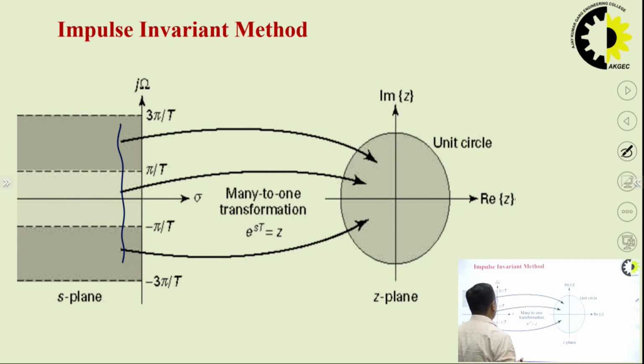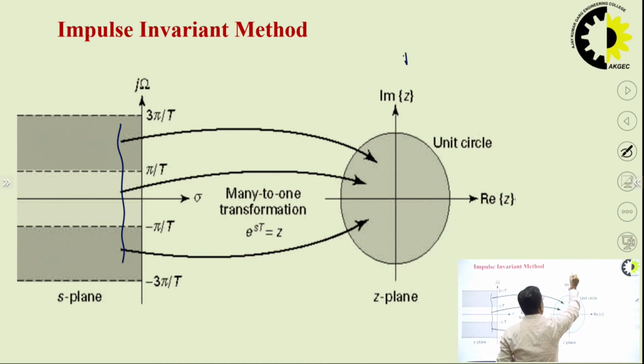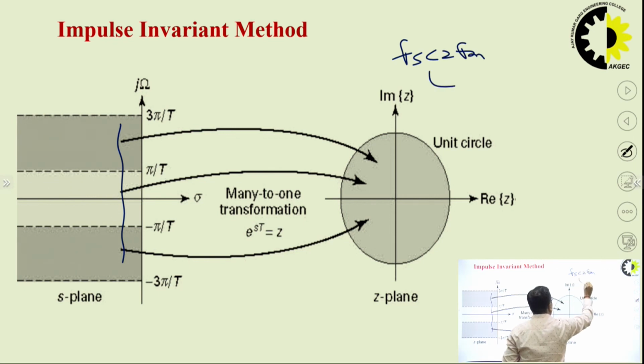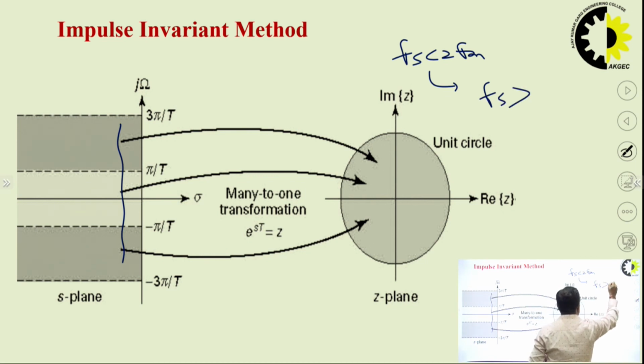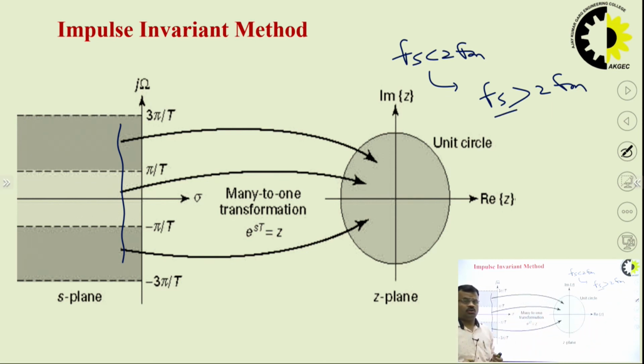So how do you remove this? Why will aliasing be there? Because fs is less than twice fm. So to avoid aliasing, you should always take fs greater than twice fm. It means the frequency is high, so you have to select a small sampling time.